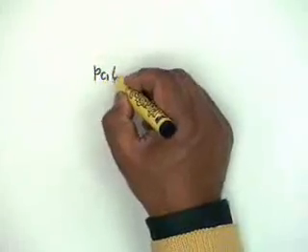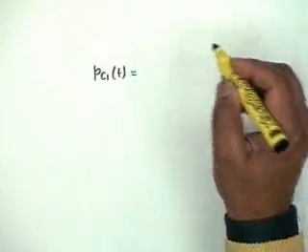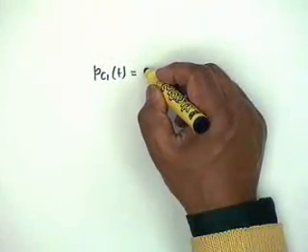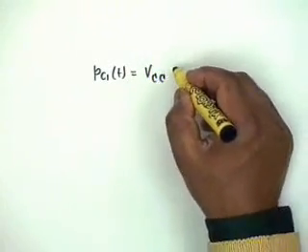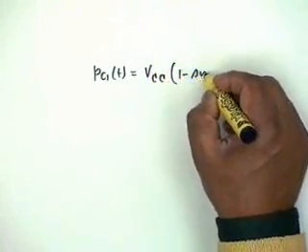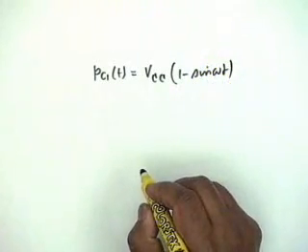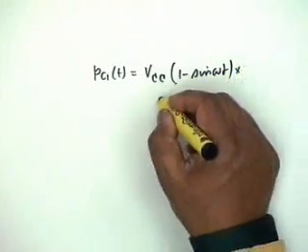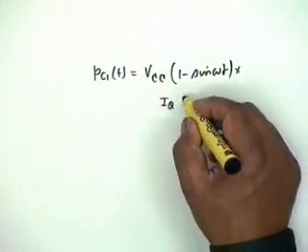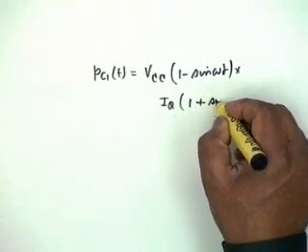You can show that when the transistor is driven to its limits, VCE1T is simply VCC times 1 minus sine omega t, agreed? VIM becomes equal to VCC multiplied by IQ, then 1 plus sine omega t.